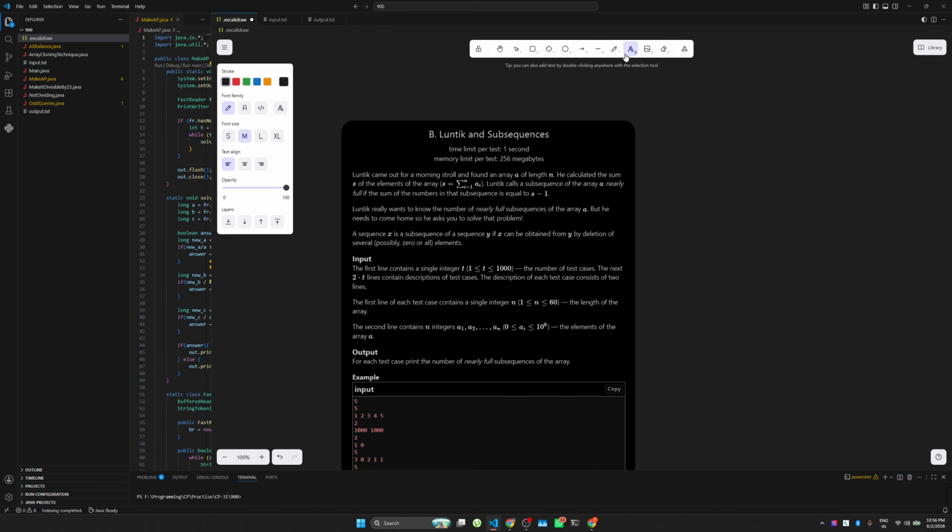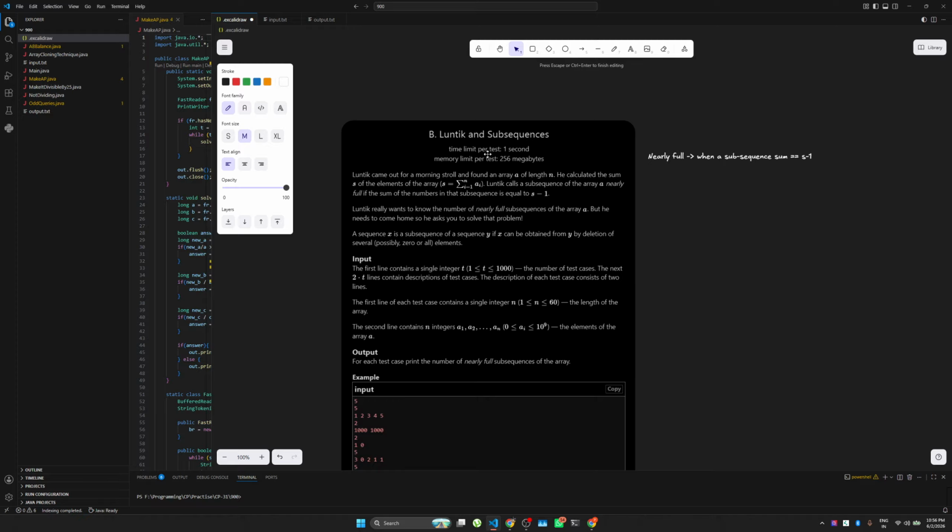So we have our first bit of information: nearly full, when a subsequence, not a subarray, but a subsequence, has sum equals S minus 1.